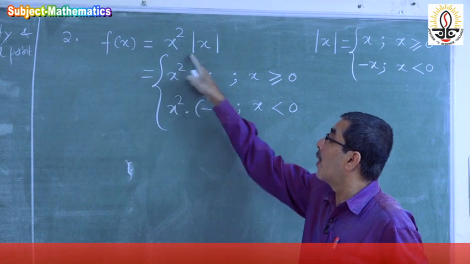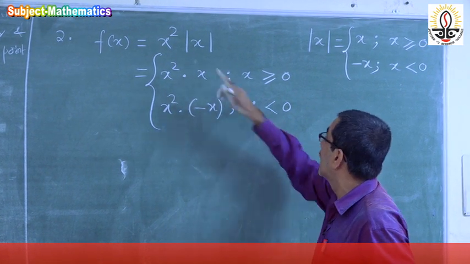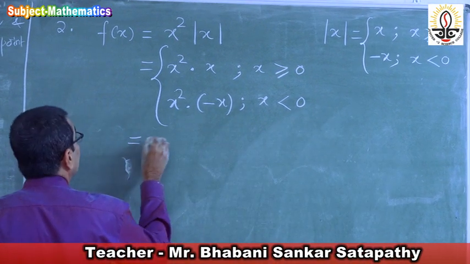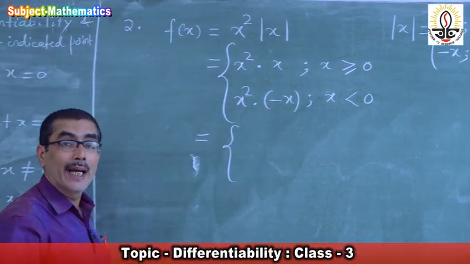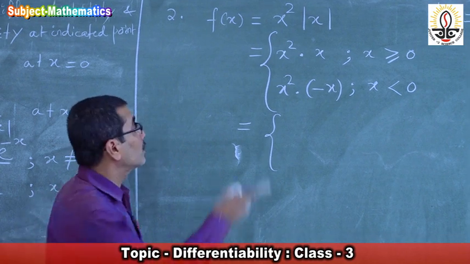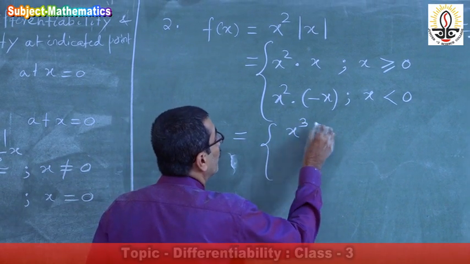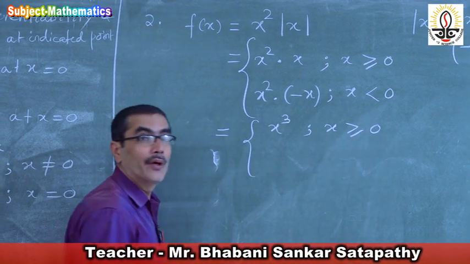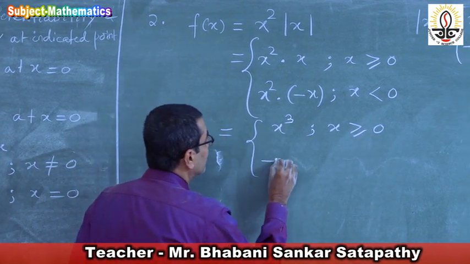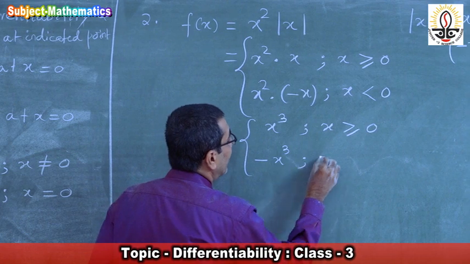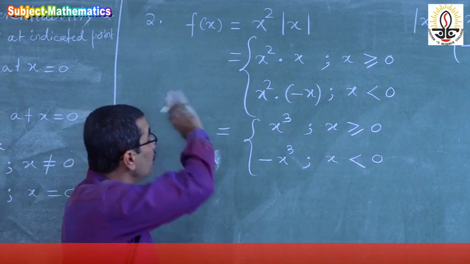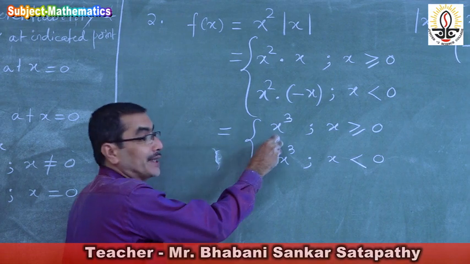In place of modulus of x, I have written this. Now x square into x means x cube. So x cube for x greater than or equal to 0, and minus x cube for x less than 0.